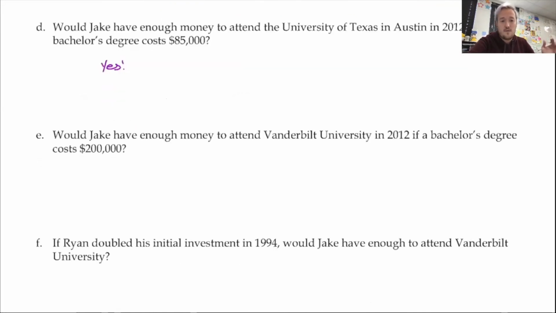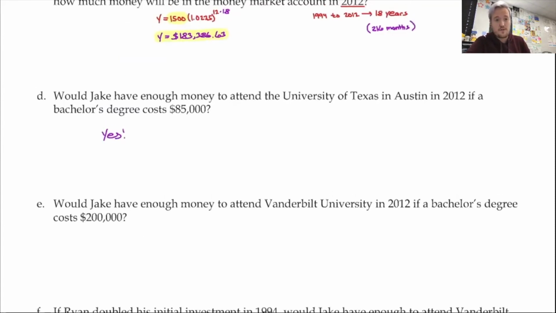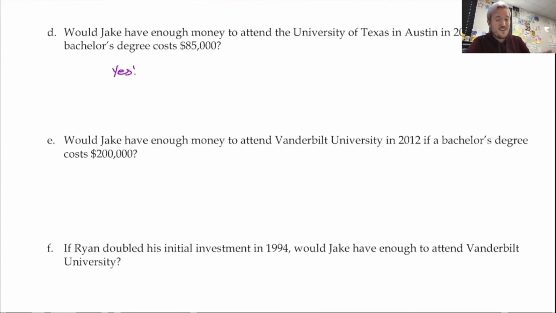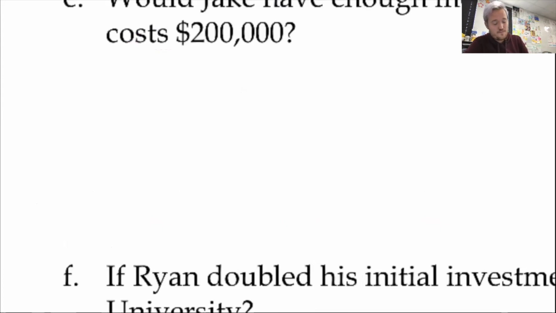All right. Would Jake have enough money to attend Vanderbilt University in 2012 if a bachelor's degree costs $200,000? Now, unfortunately, he's a little bit short. If he waits another year, then he probably would. But in 2012, he would not have enough. Unfortunately not.